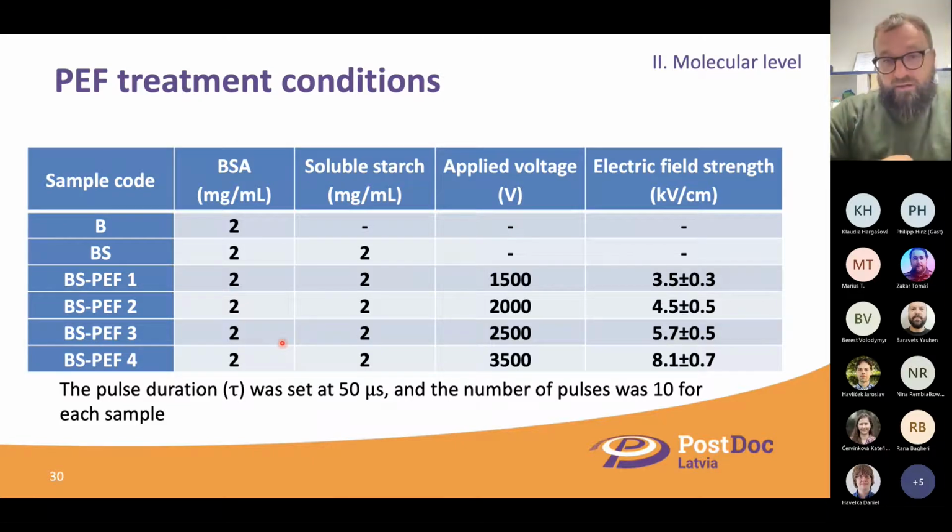We are using quite mild conditions, just a few kilovolts per centimeter with 50 microsecond pulse duration.